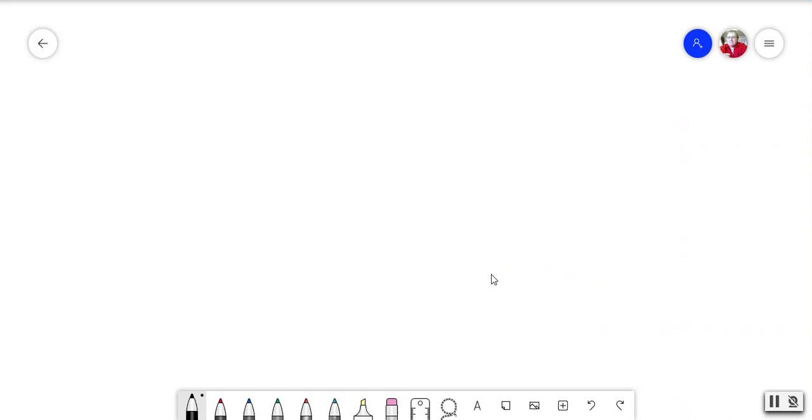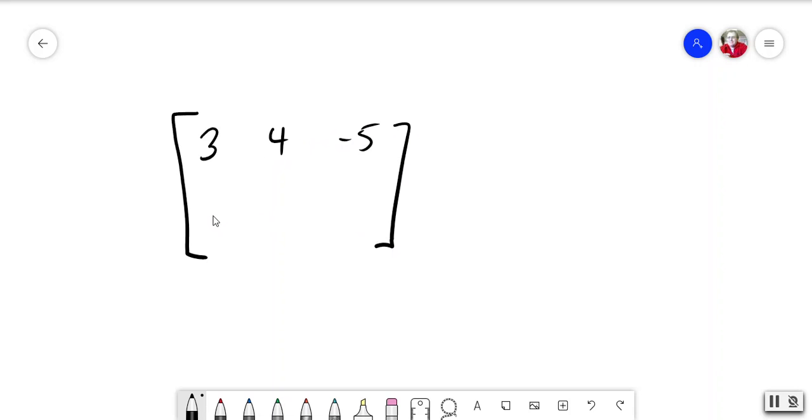Okay. So what I want to do now is look at how we make mathematical operations with matrices. So first off, suppose we had something like this. Let's do a 2 by 3 matrix because we want to keep it simple.